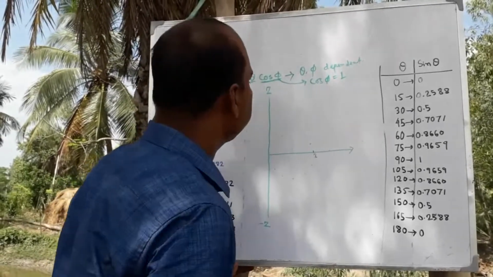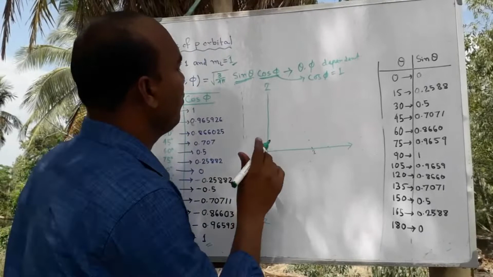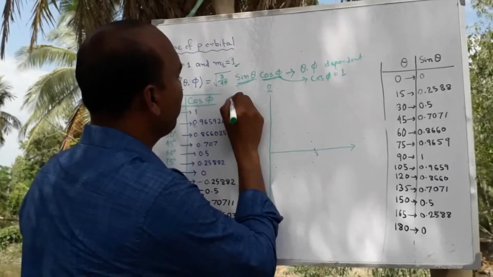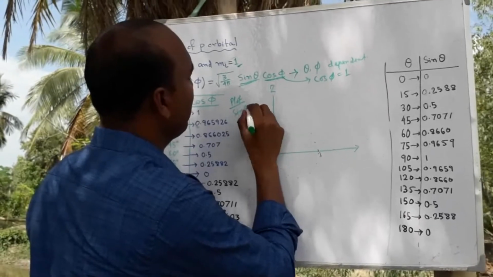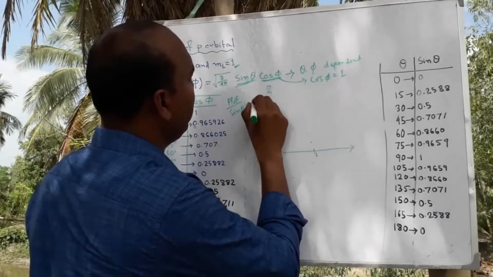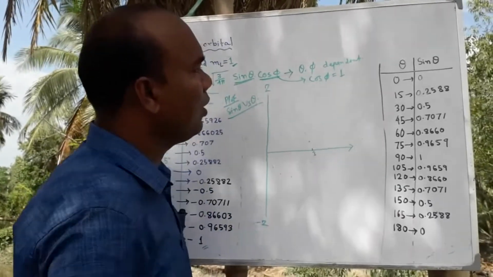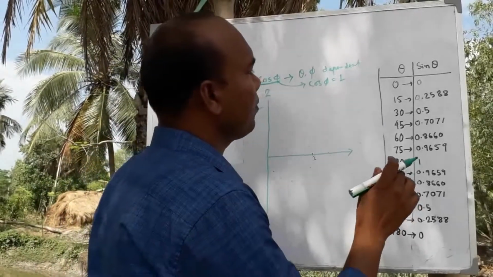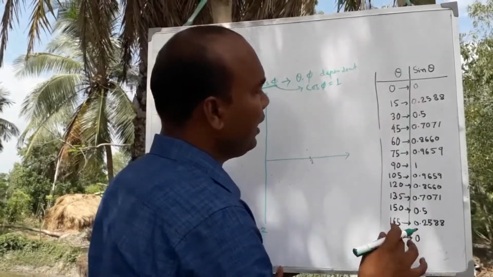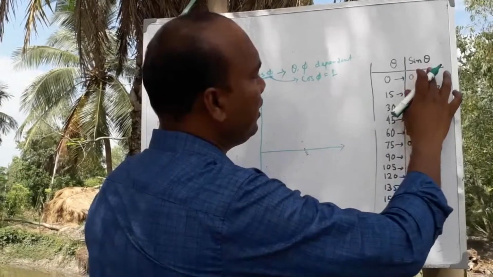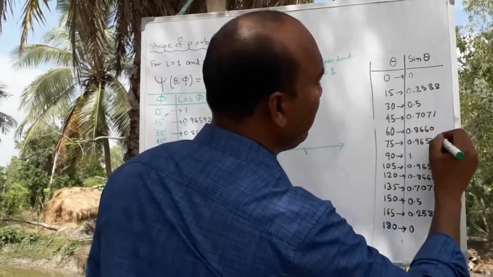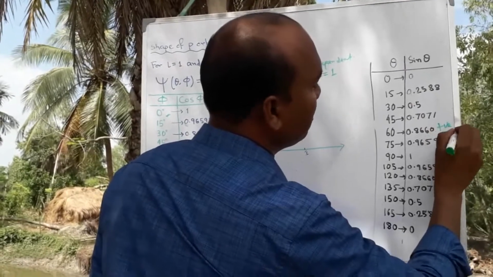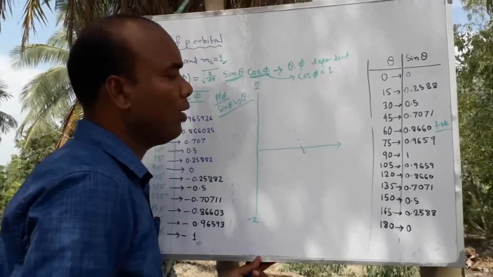Then you plot sin theta versus theta. You see from this table, for different value of theta, all the values of sin theta are positive. That is, no negative value.